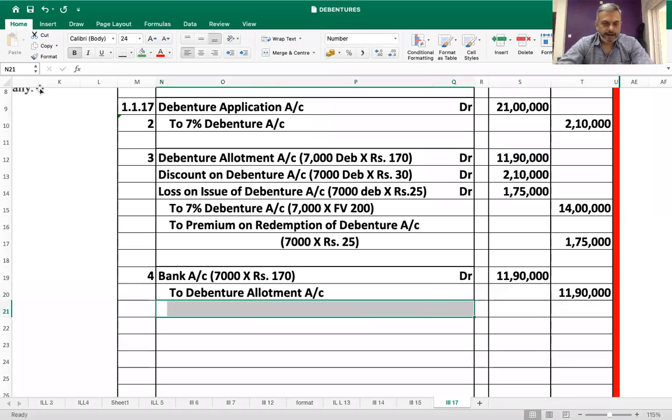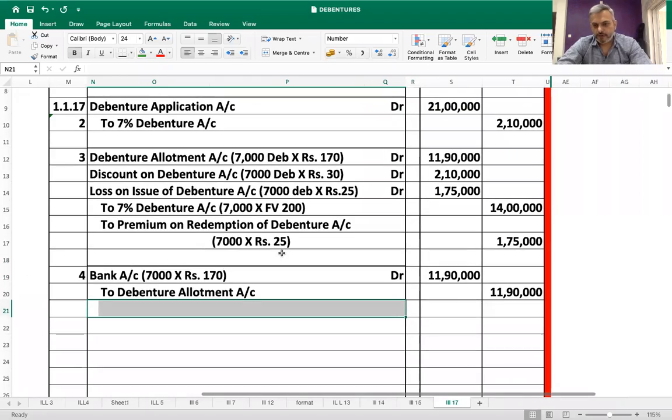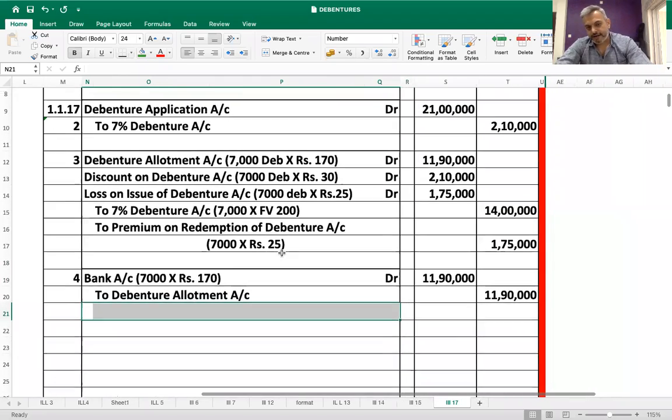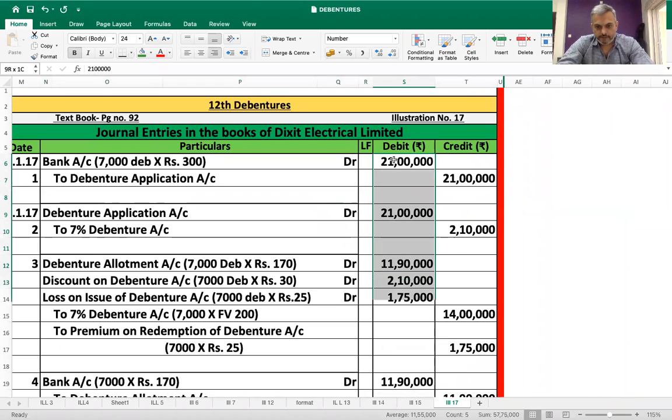You don't have to write entry for redemption. And if you want to write, you know the entry, you can write it as your homework for practice. Let's close this.